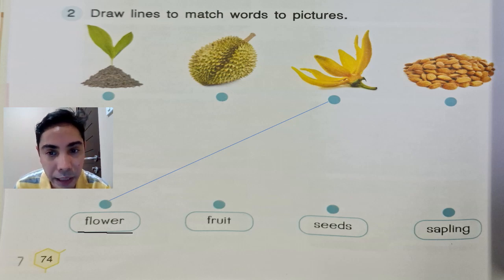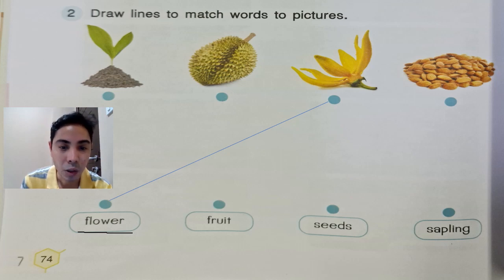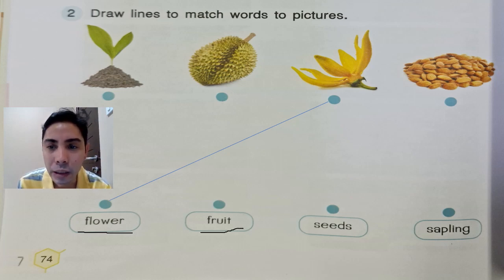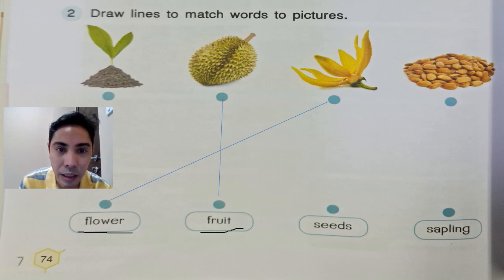Did you put a line there? Teacher already helped you. Next, we have here fruit. What picture best describes the fruit? Can you guess? Yes, this is a picture of a jackfruit.